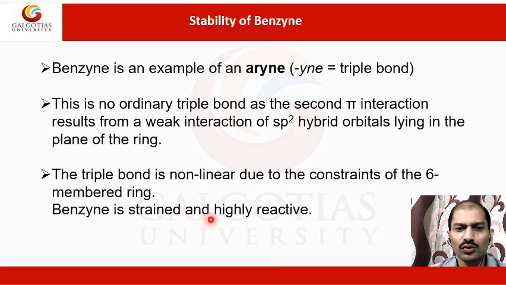Benzyne is a strained and highly reactive species. At the place where the triple bond is there, there is strong strain, because of the orbital interactions, which make the molecule more unstable.